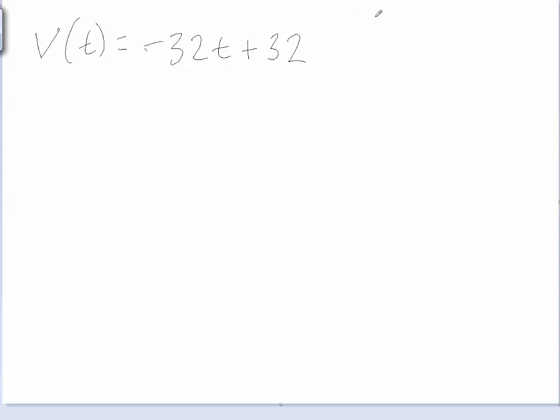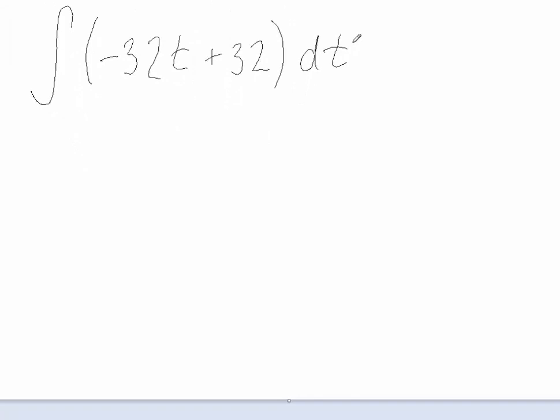What we want to do is find the actual position function. Basically what we're saying is, okay, what's the position function that has this as its derivative? So what we're going to do is integrate, find the antiderivative of this.